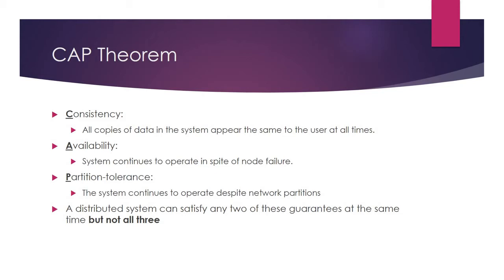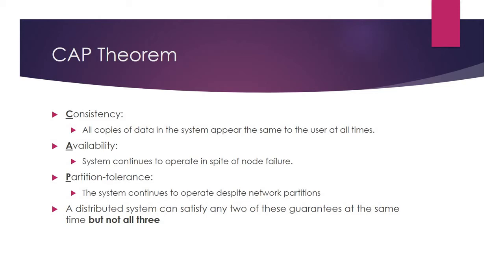And when you talk about availability, it means that even when there is a node failure, the system continues to operate as a whole. A failure could be, for example, the hard drive in a server failing, or a broken link or router in a cluster.